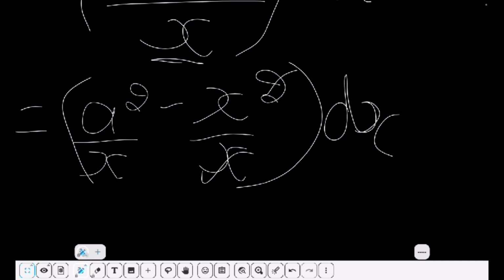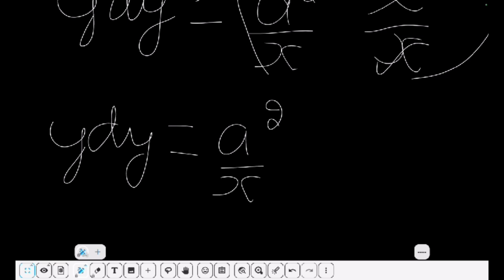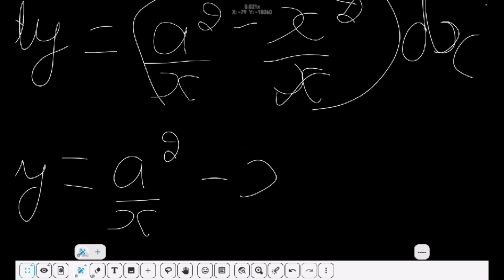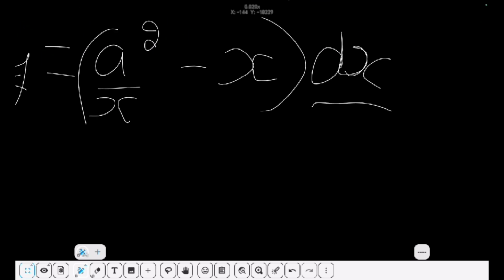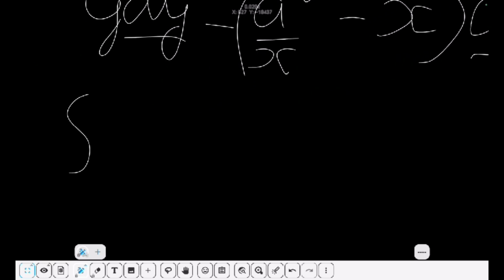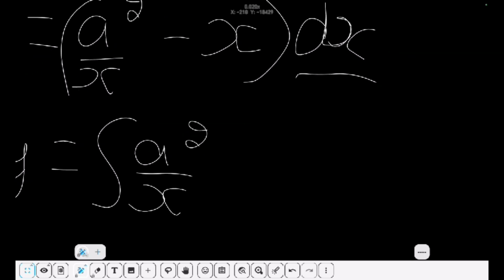So x and x gets cancelled out. Y dy that equals a square by x minus x into dx. Now we need to remove the dy part and dx part, so let us integrate on both the sides. That gives us integration of y dy that equals integration of a square by x minus x into dx.